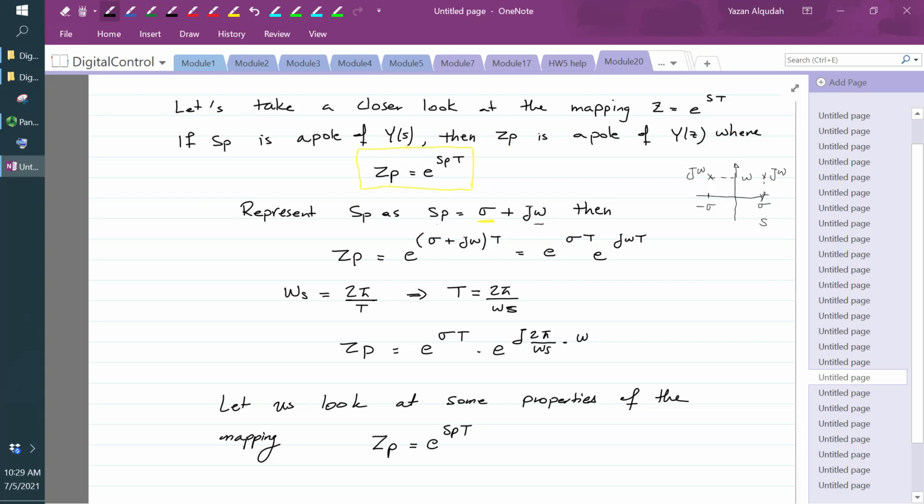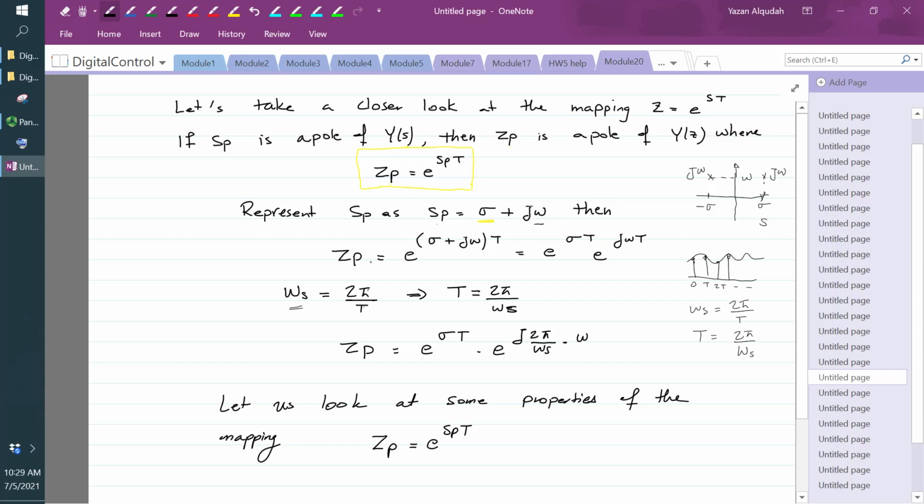Now this signal, the discrete time signal, is sampled. We have the continuous time signal, and we're sampling it every T seconds to get the discrete time signal. So 0, T, 2T, etc. Therefore our sampling frequency omega_s is equal to 2 pi divided by T, and therefore T is equal to 2 pi divided by omega_s.